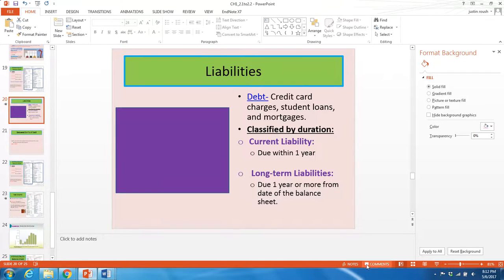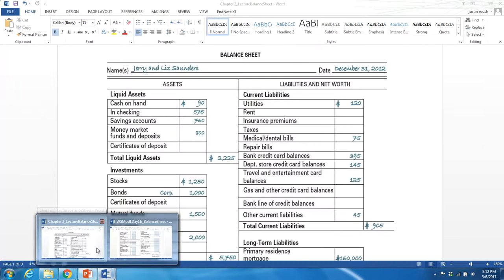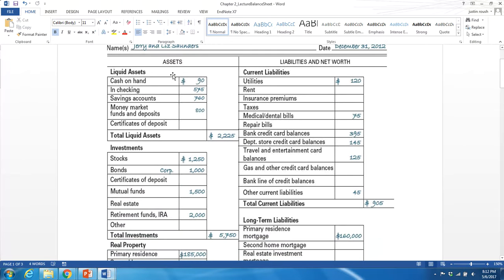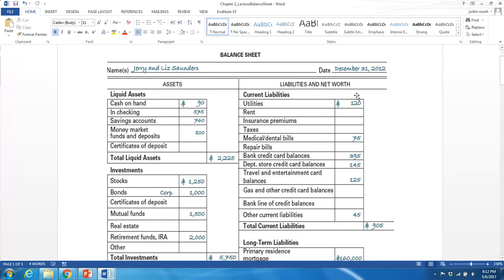Well, if we take a look at Jerry and Liz Saunders' balance sheet, we can see they haven't paid their utilities bill yet. We would want to list that as a liability because if we didn't, we would still have that money in our checking account and we would be overstating our net worth.